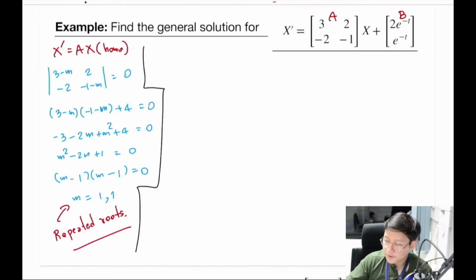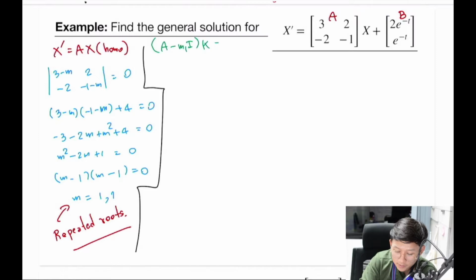So first, we would look at the equation, which is A minus m1 I times k equals 0. So what we have would be when m is 1, we get 2 minus 1, 2, minus 2, and then minus 2, times k1, k2 equals 0.